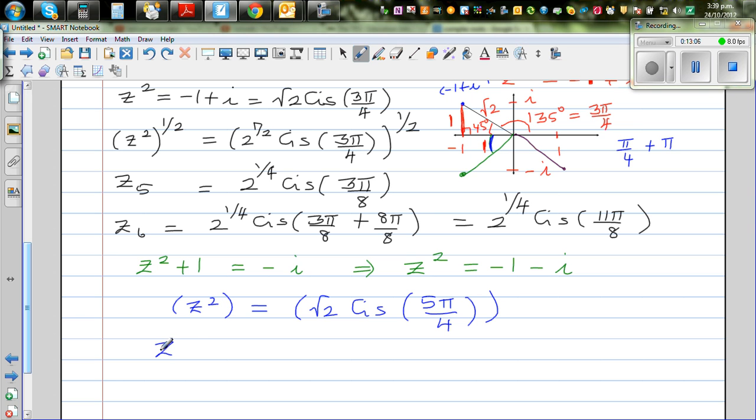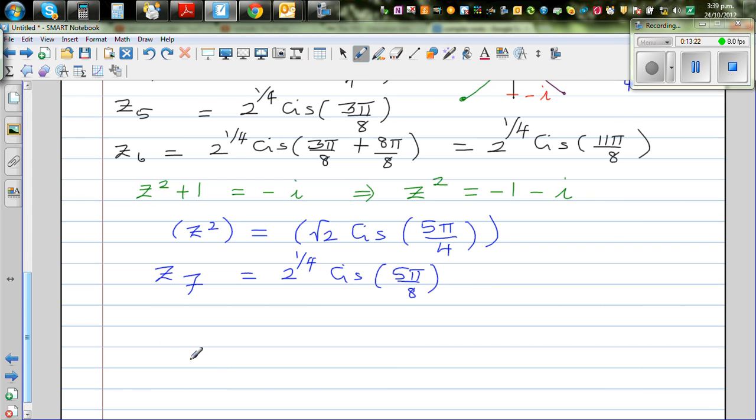Now using De Moivre's theorem, z would be 2 raised to 1/4 cis 5 pi by 8, and the other z would be 2 raised to 1/4 cis 5 pi by 8 plus pi, which is 8 pi by 8.